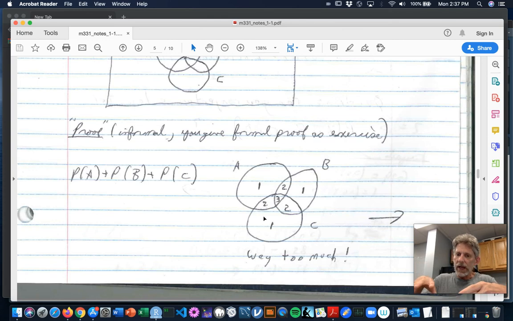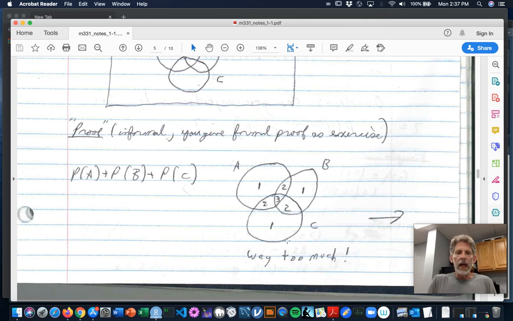Because you're throwing in A and you're throwing in C, you're throwing it in twice. So I got this number 2 in that region. Similarly, this region here, the stuff that is in A and B but not in C, got thrown in twice. And this region here, the stuff that's in B and C but not in A, got thrown in twice.